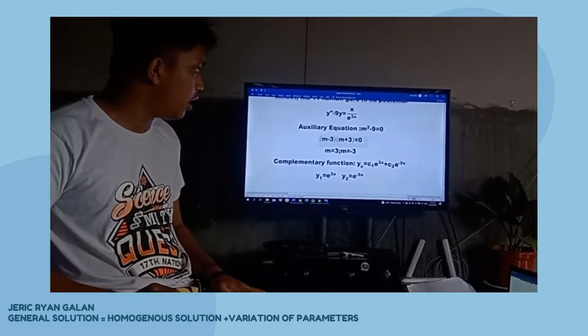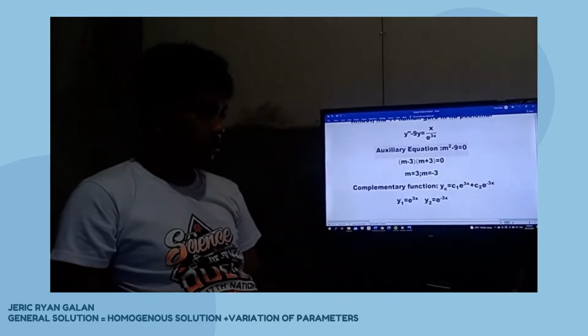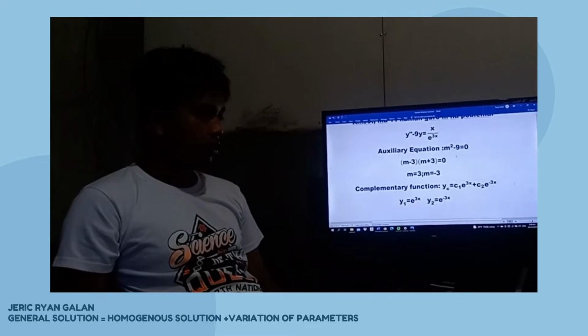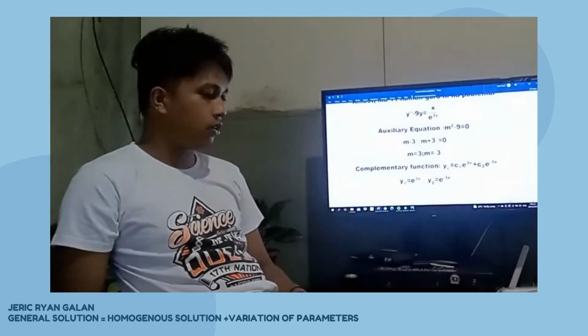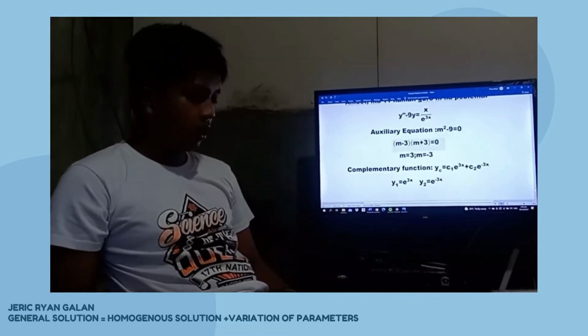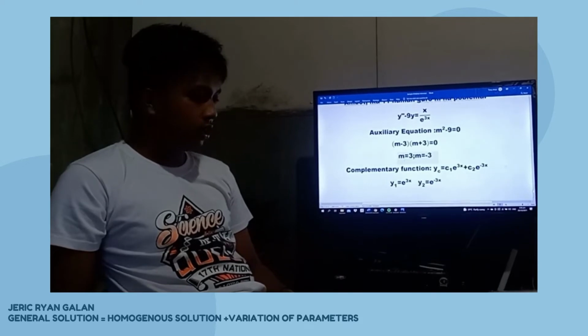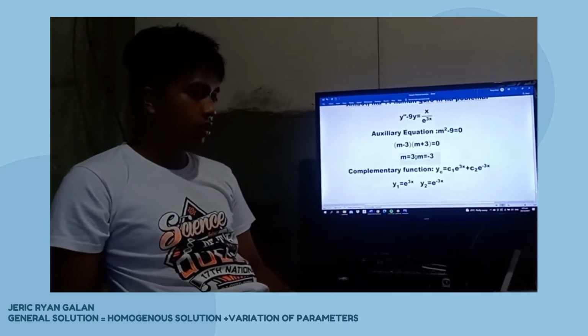So the auxiliary equation is m squared minus 9 equals 0. So by using the factoring method, we get m minus 3 multiplied by m plus 3 equals 0. So the roots are m equals 3 or m equals negative 3.